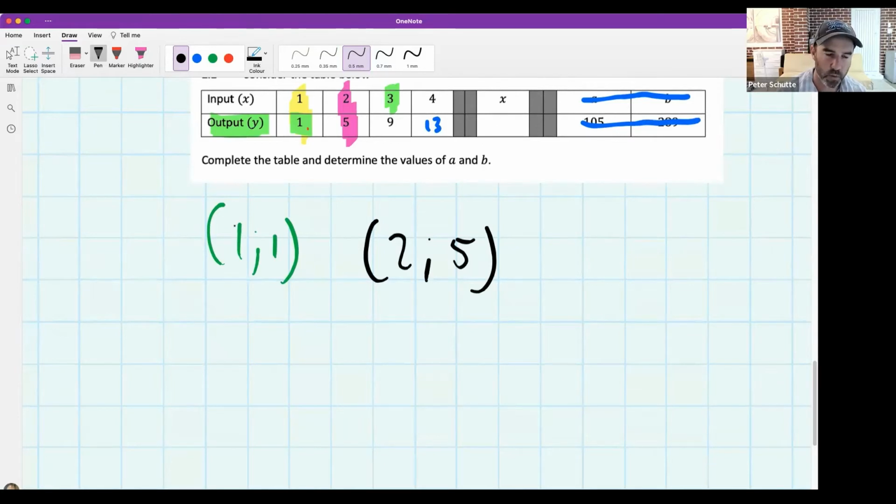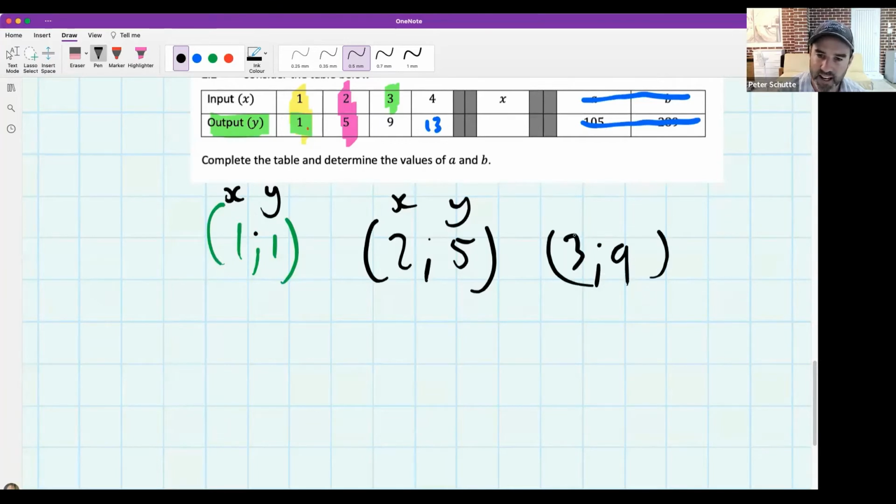And in mathematics, when you see this notation, you always know that the first value is the x, which is the input, and the second value is the y, which is the output. The third input-output pair in this relationship would be 3, 9, because the input is 3, it's x, and the output would be y. Has anybody here heard about that or seen anything like that in your maths class before?